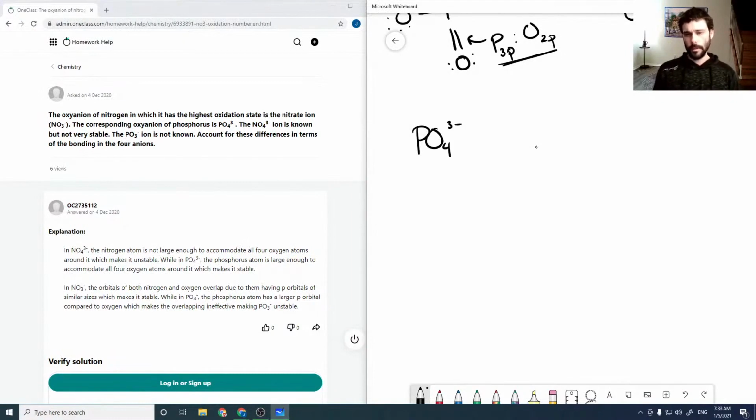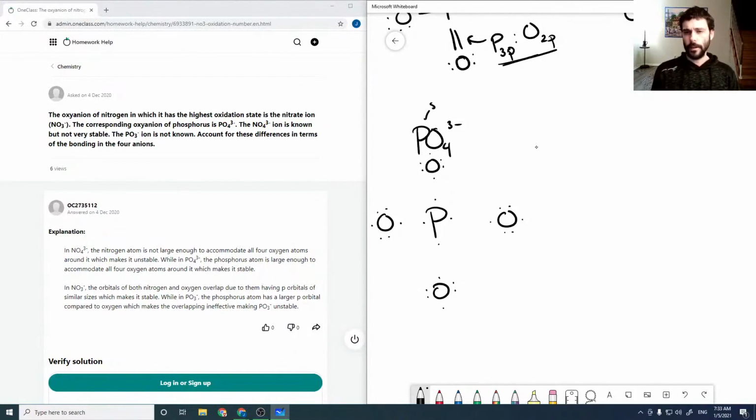Okay. And then, so now looking at PO4 3 minus. So in this case, we've got our phosphorus, our oxygens are going to surround it. Okay, and our phosphorus, I'm going to give 4 electrons. So how many do we need here?